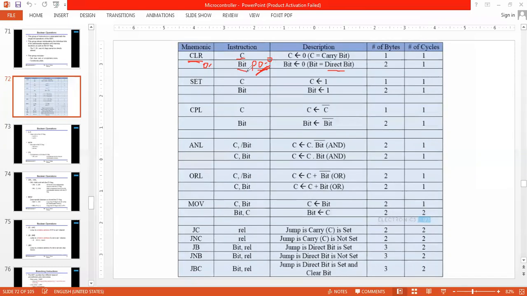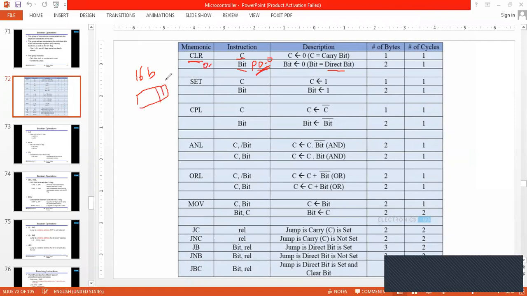As well as there is a bit addressable memory from 20 to 2F, total 16 bytes are there, correct? That also we have seen in the RAM organization. We have 16 bytes where a single bit of the 16 bytes can be accessed.